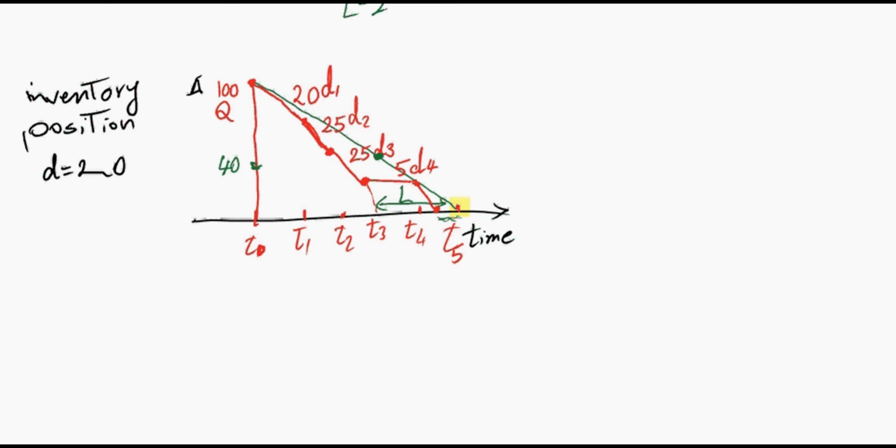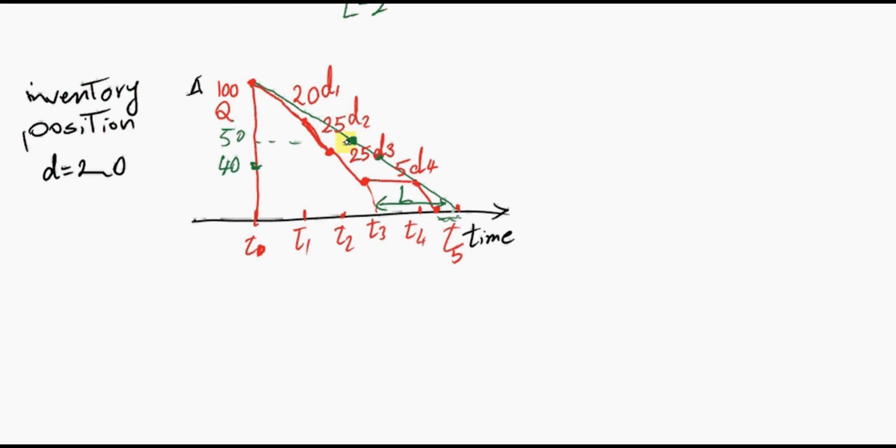What should we do? Instead of 40, we have to put our purchase order a little sooner. So as the product is being consumed, if we put our purchase order when, for example, the quantity is 50, then we have 50 units on hand, and it would take more than 2 days for the product to arrive.